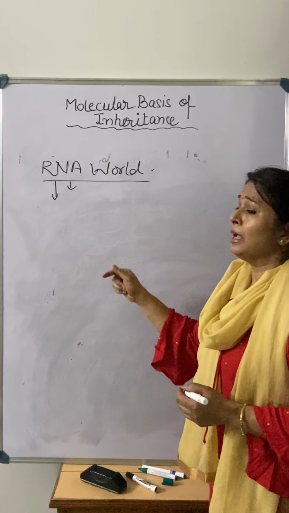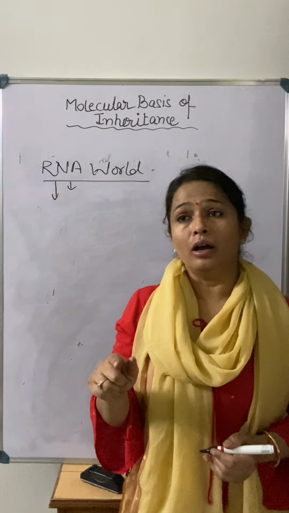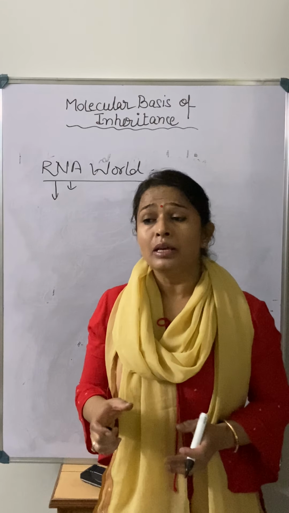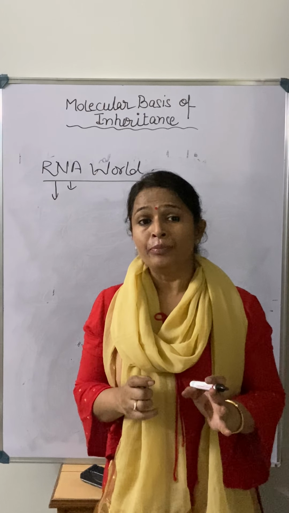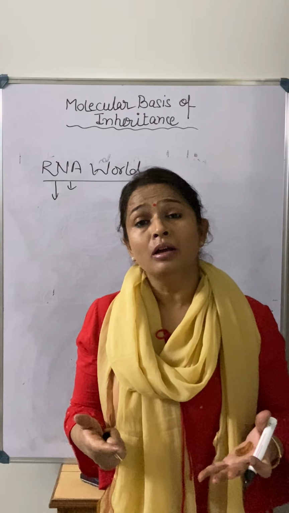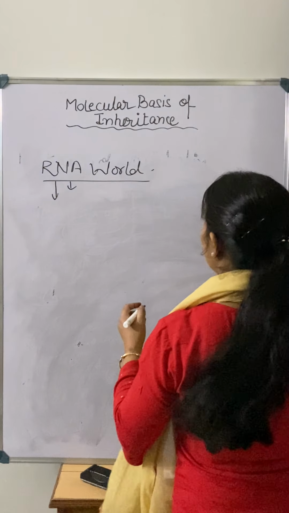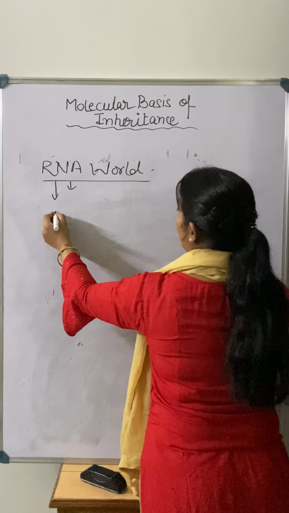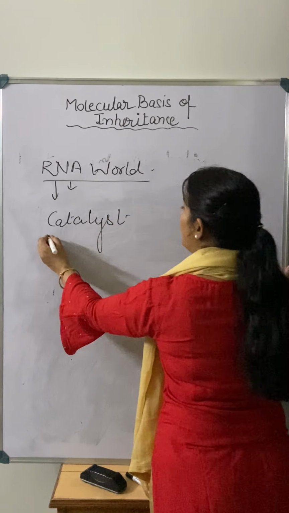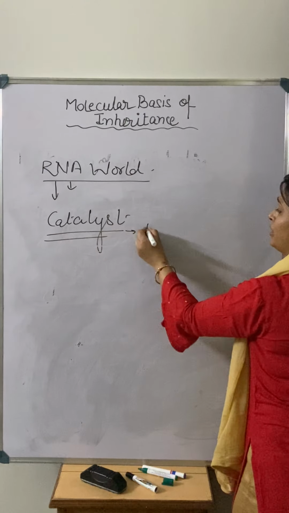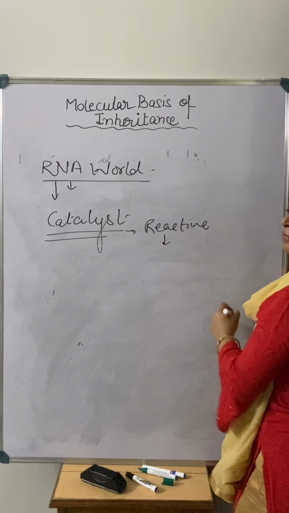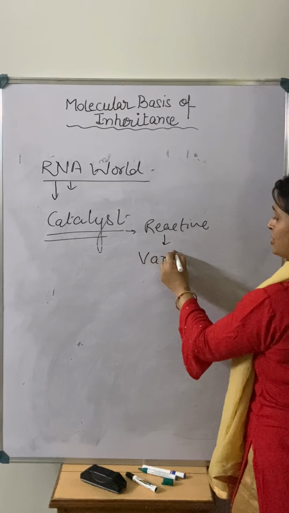But why are we saying RNA is not such an important or main genetic material? Because there is something that is most important for any material to be the best one, right? In that case, you know very well, RNA behaves as a catalyst. If something behaves as a catalyst, it means it is very reactive. If something is very reactive, it means variation comes very fast.